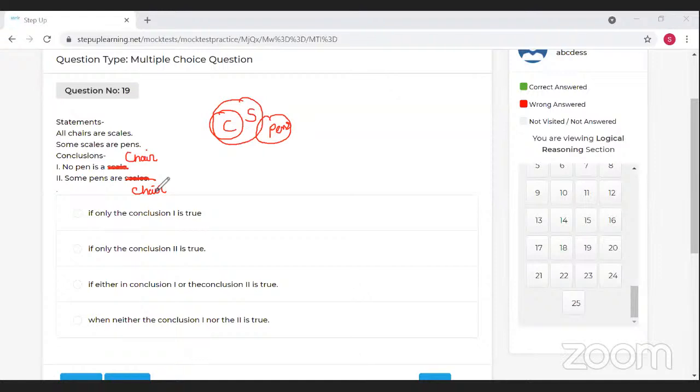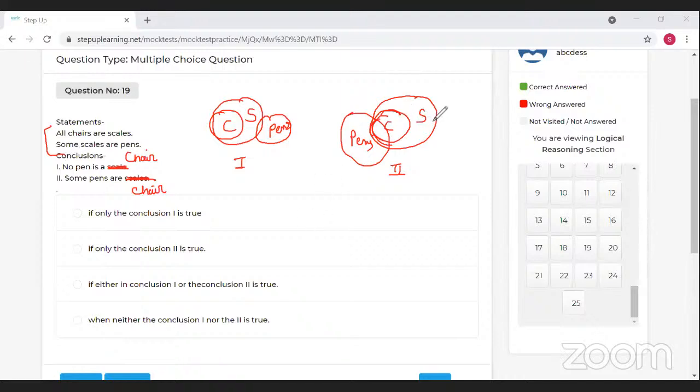So Rajan, you can look at this recording on YouTube. Okay, now people, this is a little different question. For some people, if somebody is drawing a diagram in this way, that's correct. But what if somebody is drawing in this way: chair, scale, and whichever scales are here, the common ones, those are pens also.